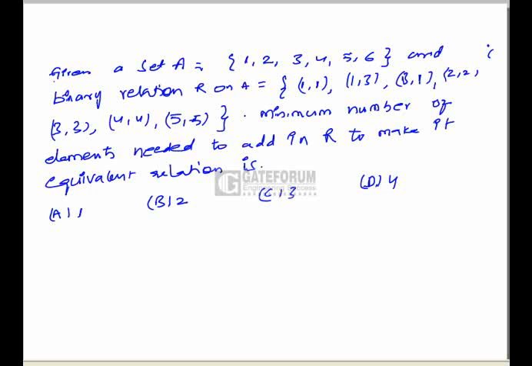Here in this question, R is a relation from A to A, and set A is given as 1, 2, 3, 4, 5 and 6, and few elements in relation R are given, and we have to find the minimum number of elements to be added in R to make it an equivalence relation.